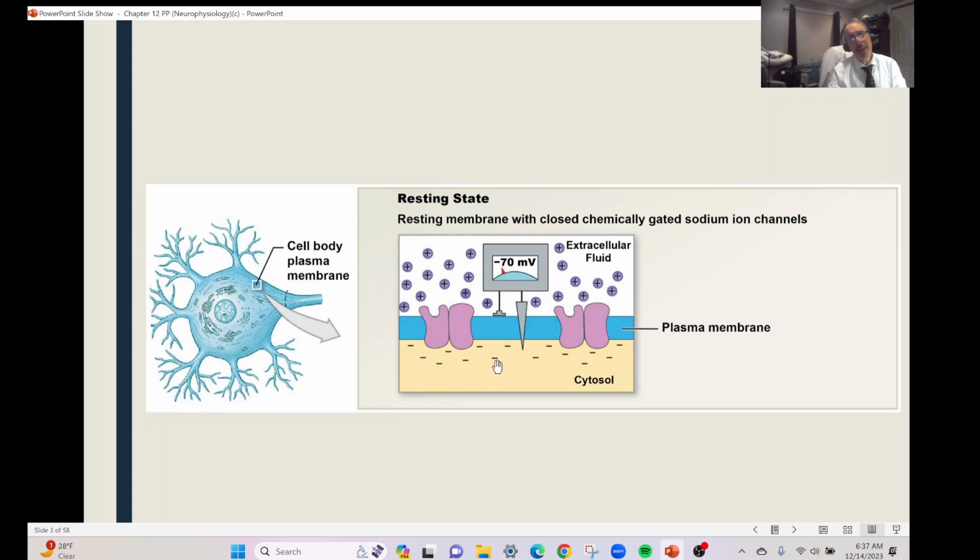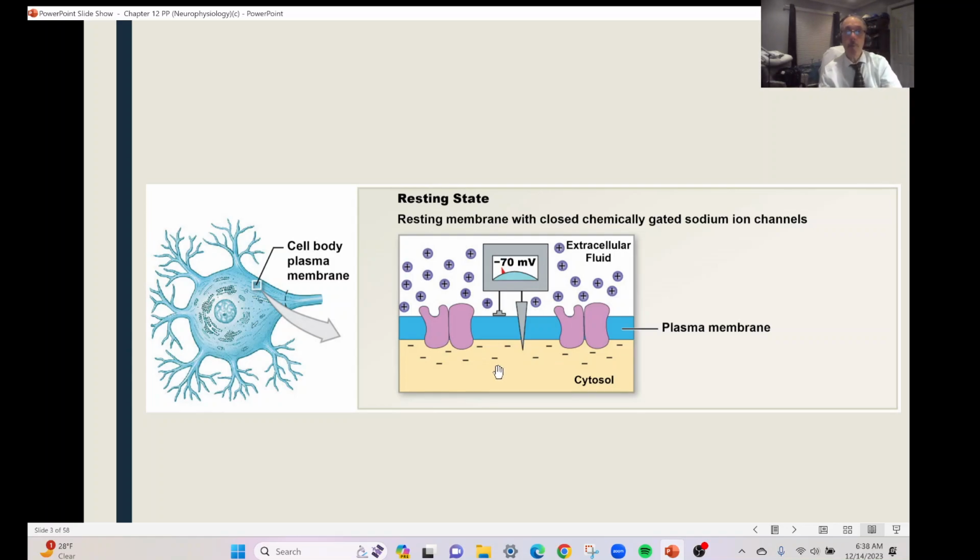So why is the inside negative and why is the outside positive? Well, the reason the inside is negative: inside of our cell, we have phosphate ions, which are strongly negatively charged. We have large amounts of large proteins that are also negatively charged. So they tend to give the inside of the cell a negative charge. Now inside we also have potassium.